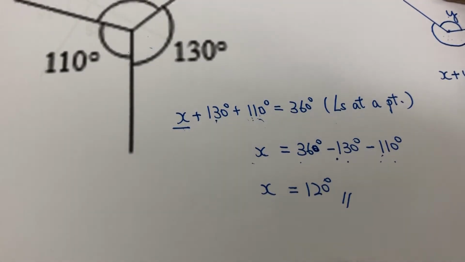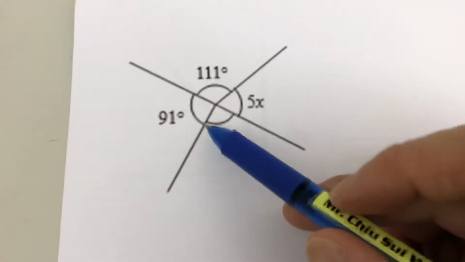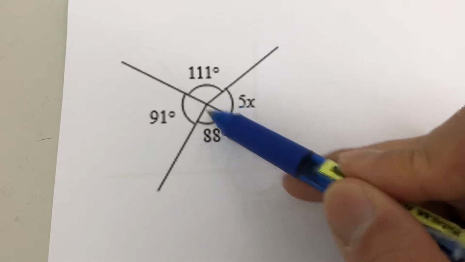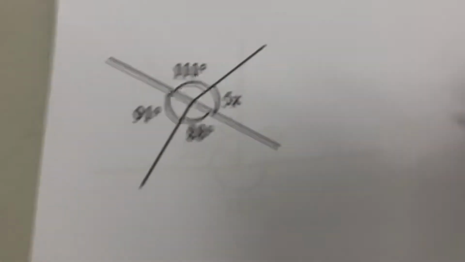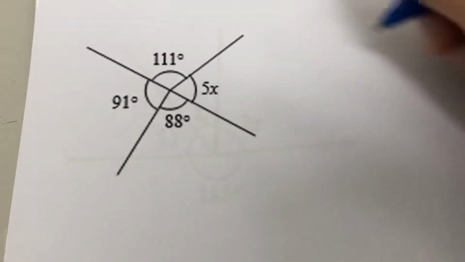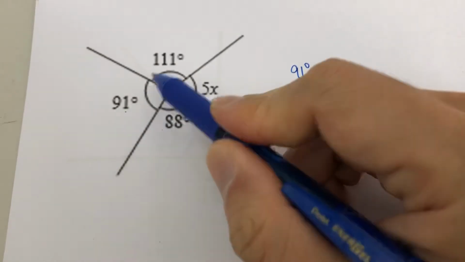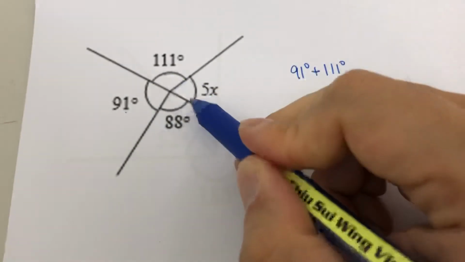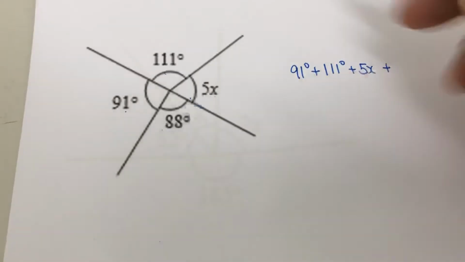Now let's look at the other one. What about this? So this time we have four angles. And do you see that these four angles, they just complete a full circle. Therefore, I just can't help, I write it down immediately. 91 degrees plus 111 degrees plus 5x plus the last angle, 88 degrees.